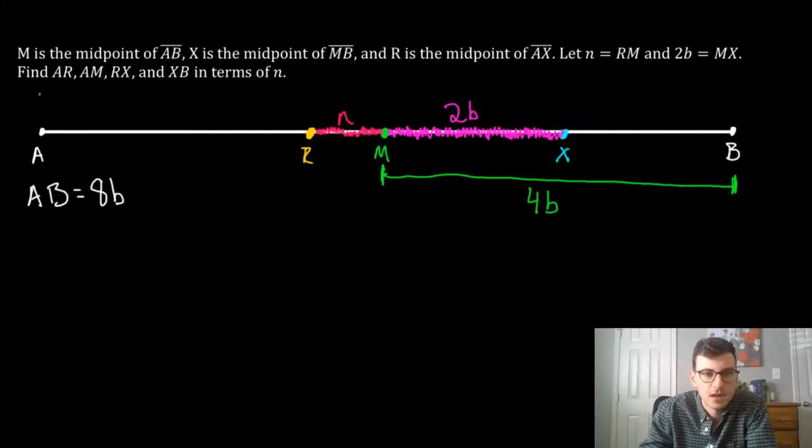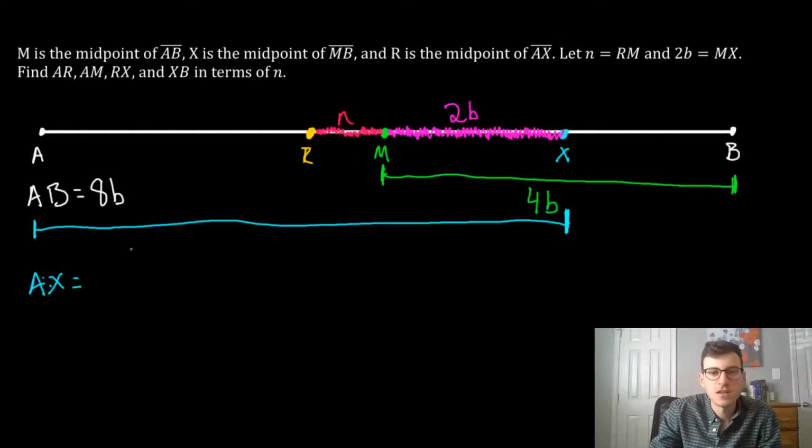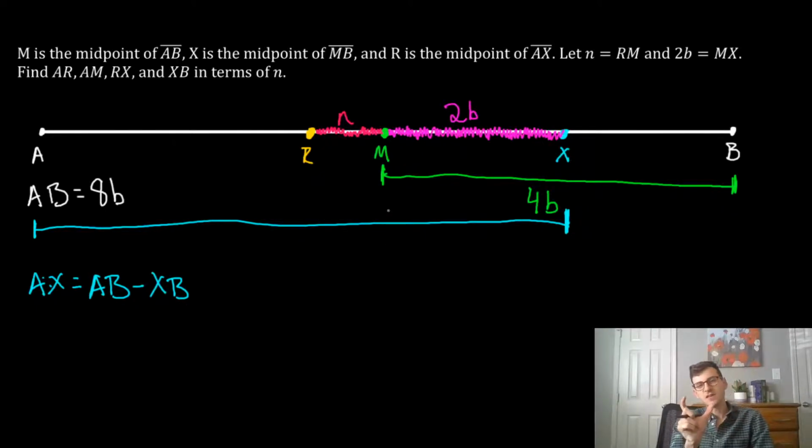Well, AX is equal to AB minus XB, the whole minus the part.